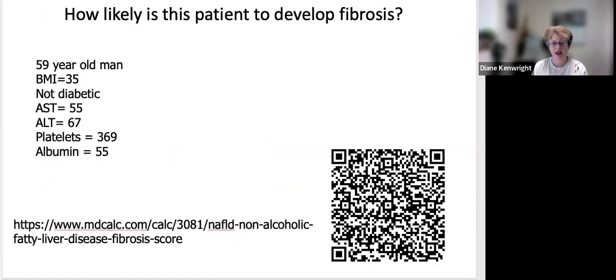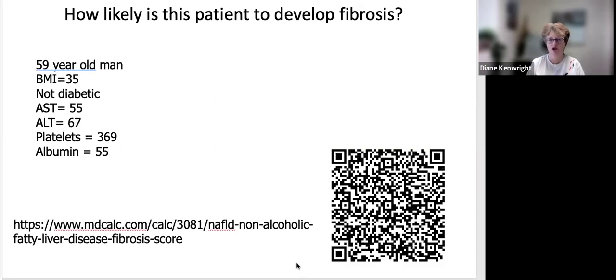All right, there is a tool. You know I love tools online. So mdcalc.com, if you've not discovered it yet, is really helpful. So here's an exercise I'd like you to do. We do it live in class, but see if you can work out how likely this patient is to develop fibrosis of the liver. Okay, 59-year-old man who's overweight but not diabetic with these liver enzymes.